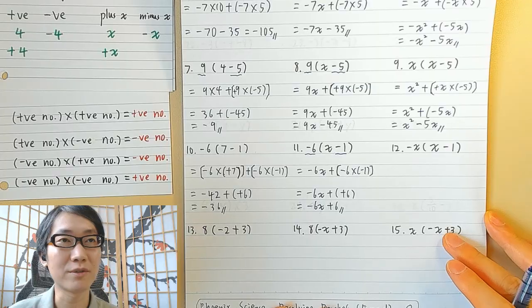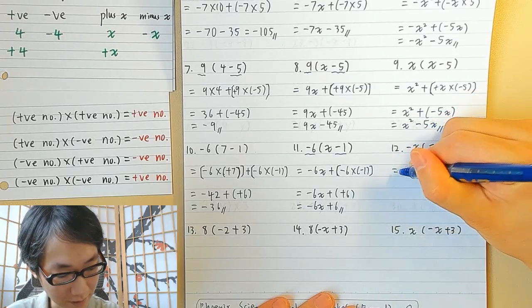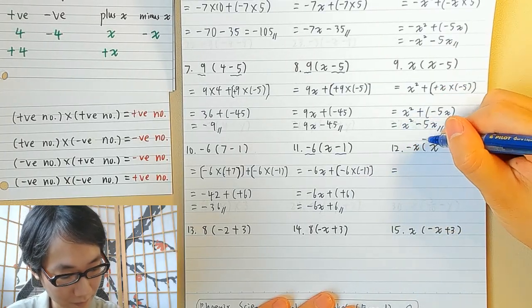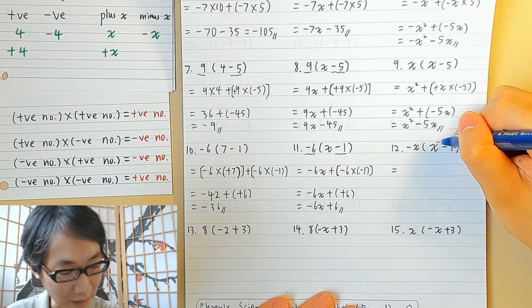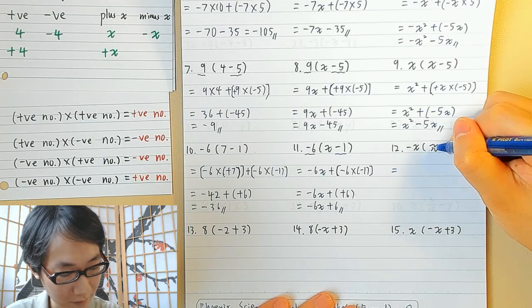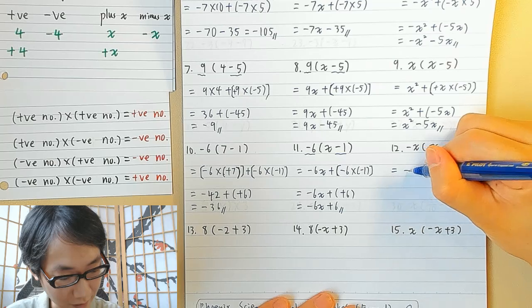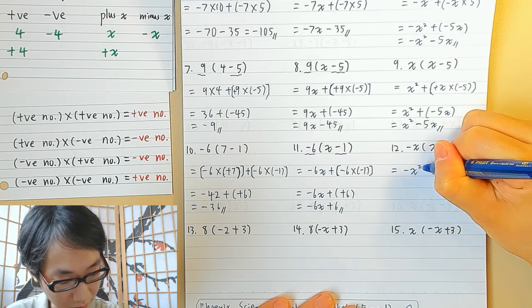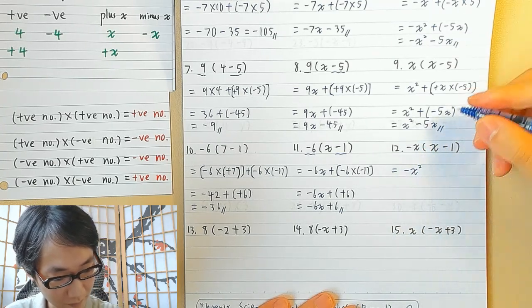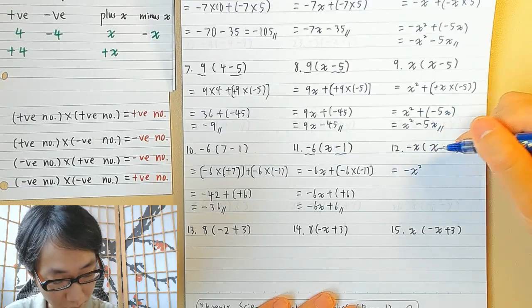The 12 is equal to minus x times plus x, which will be negative x squared, or minus x squared.